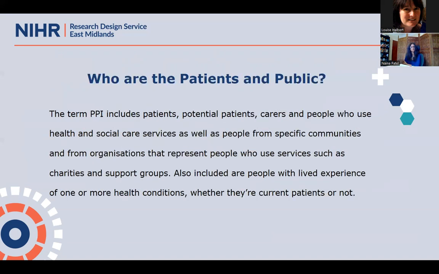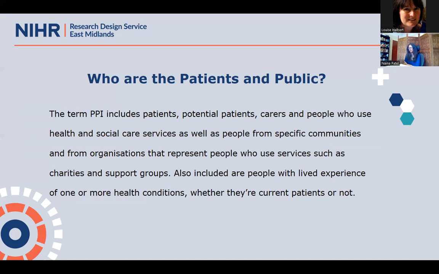So who are the patients and the public? Well, the term PPI includes patients, potential patients, carers, and people who use health and social care services, as well as people from specific communities, as well as organisations that represent people who use services such as charities and support groups.